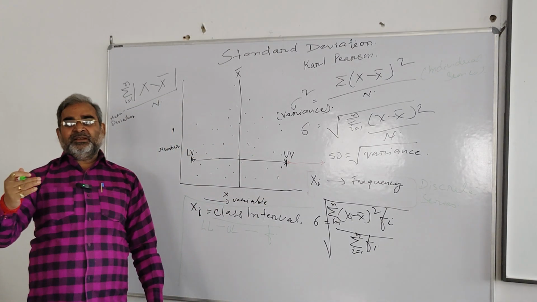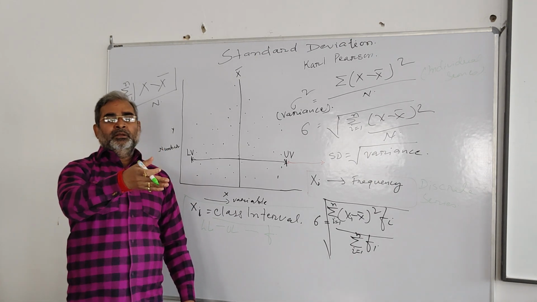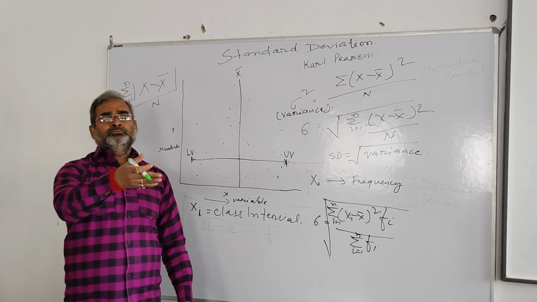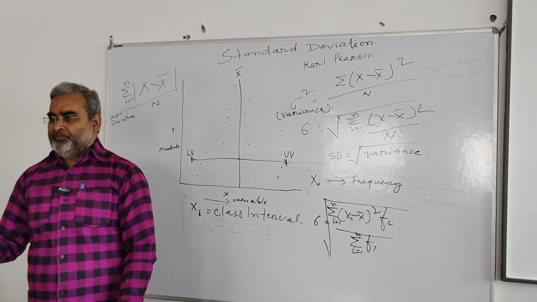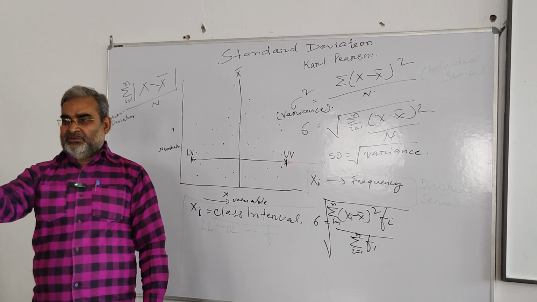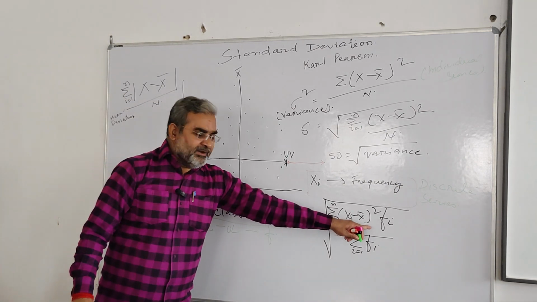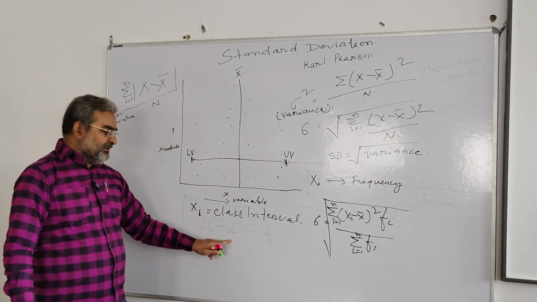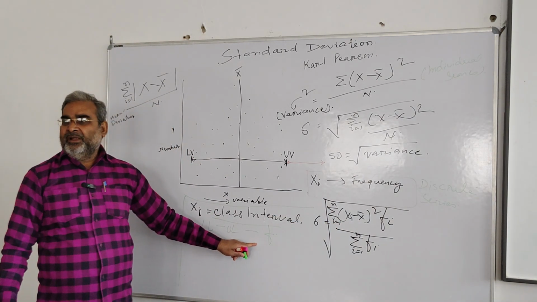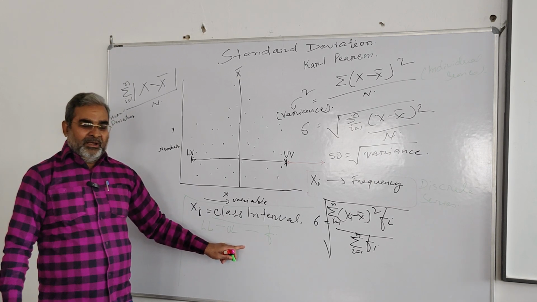For example, if it is written that the class 3 to 5 has 7 patients, then that 7 is the frequency. But the nature is changed here: the variable is represented in the form of class interval.